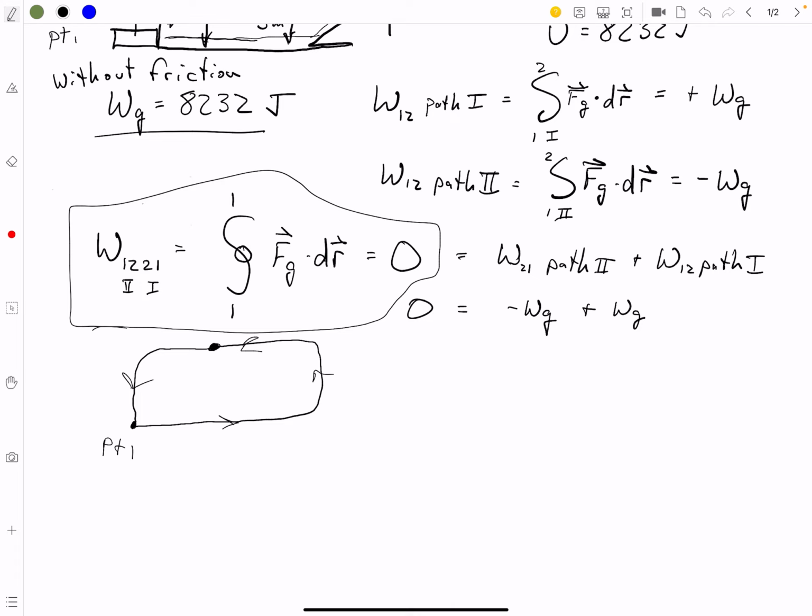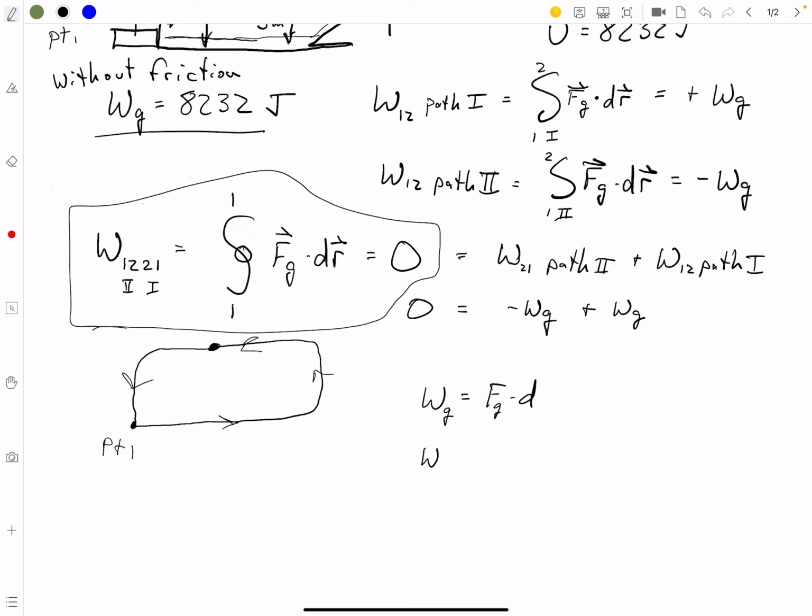But when we do work, we say work equals the force times the distance. Well, that work of gravity is the force of gravity only, right? We're not thinking about any other forces.